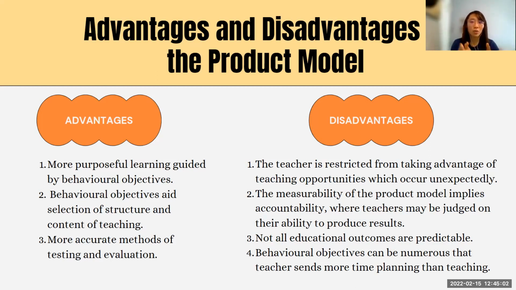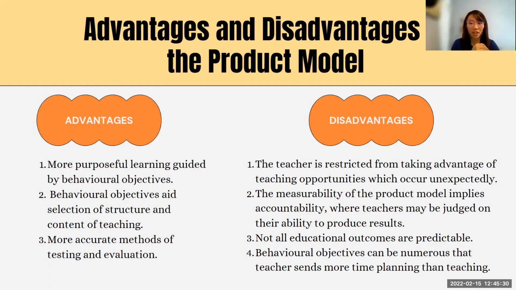This will not really be allowed in the product model because the teacher has to adhere to the behavioral objectives. But in the process model, where the process is emphasized, by all means the teacher can divert the way into this unexpected teaching opportunity, and the students can learn something different that is unplanned.